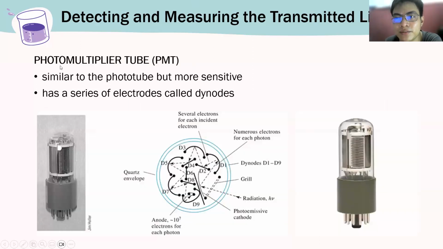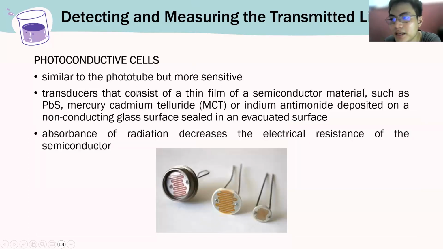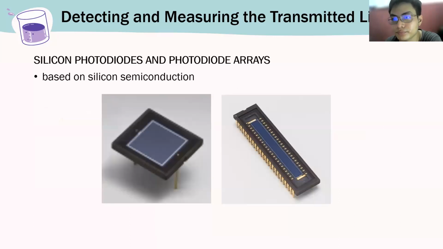Ako, familiar ako sa photomultiplier tube. Nakakita na ako nito multiple times. But photoconductive cell, medyo hindi pa ako nakakita niyan. Okay? So para siyang solar panel. When the light hits the surface, may electron na lumalabas. And that electron is converted into a digital image sa computer.